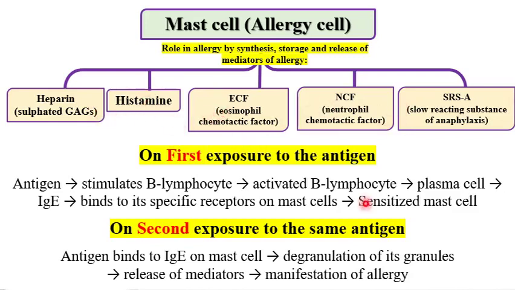What are the mediators of allergy? We have heparin, which contains sulfated GAGs, histamine, ECF, which stands for eosinophil chemotactic factor, NCF, neutrophil chemotactic factor, SRSA, slow reacting substance of anaphylaxis.